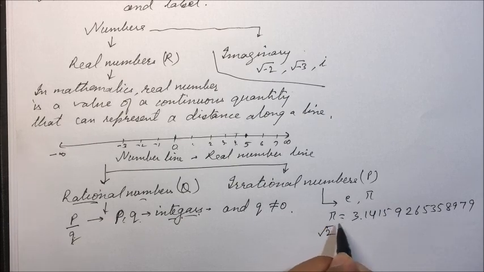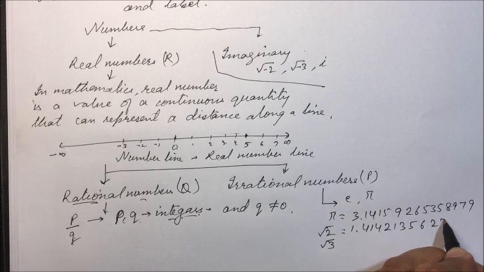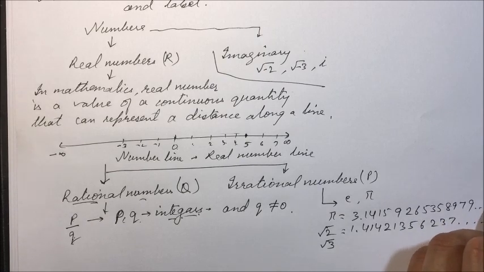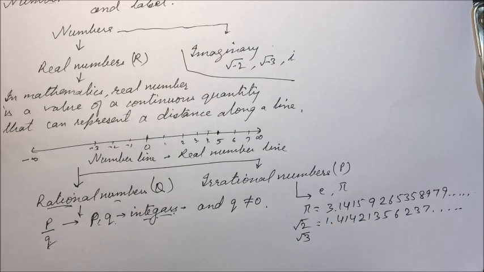Or root 2, root 3, these are all irrational numbers. Root 2 in decimal can be represented by 1.4142135627... So these dots represent that they are never ending.